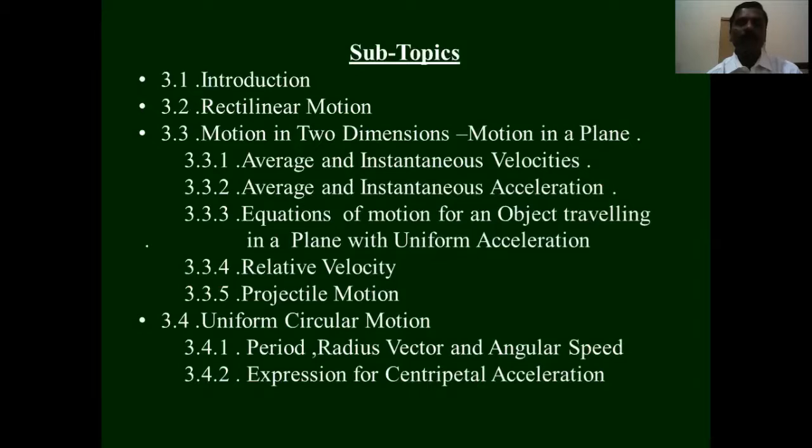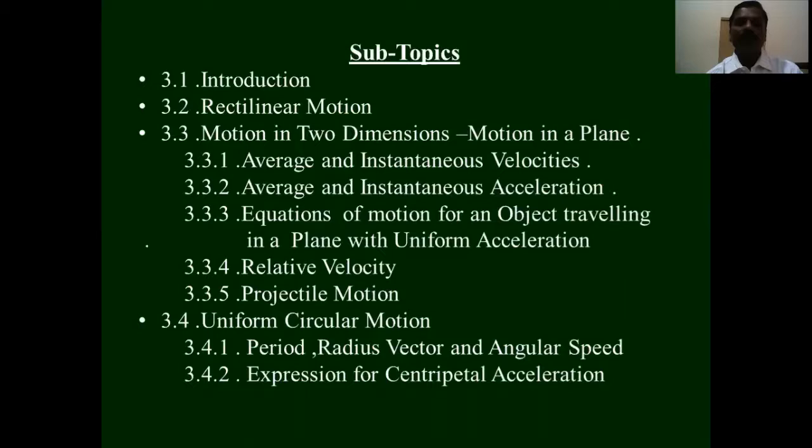Also in this topic, we are going to discuss the uniform circular motion, which is an example of the two-dimensional motion. In uniform circular motion, we want to discuss the different basic quantities like radius vector, period, and angular speed.